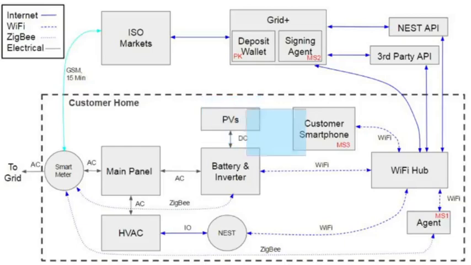On the right side are the wireless hub, devices such as Nest, customer smartphone, and finally at the bottom you see the Grid Plus Smart Agent, SA. Smart Agent is connected via the internet to the Grid Plus retailer shown at the top. Grid Plus and the Smart Agent are deployed on the blockchain.